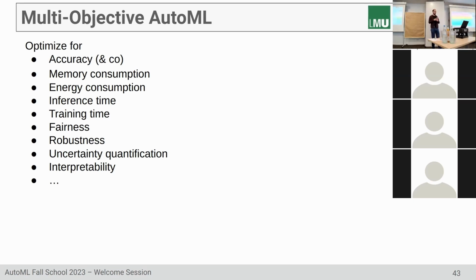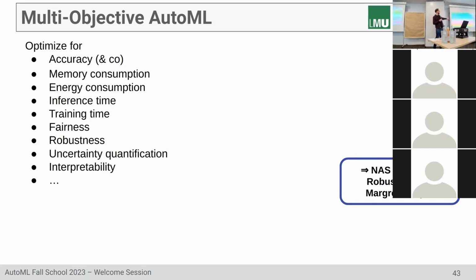So one can think about tailoring the machine learning models to the hardware to use as few resources as possible, to make the phone battery last as long as possible. That's optimizing for energy consumption. If you have low memory, you want to optimize for memory consumption. Also inference time, to have real-time inference. So there's really a lot of things we can optimize for, and this is a really important topic.